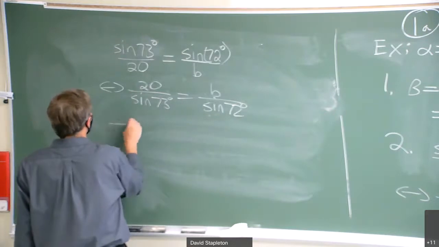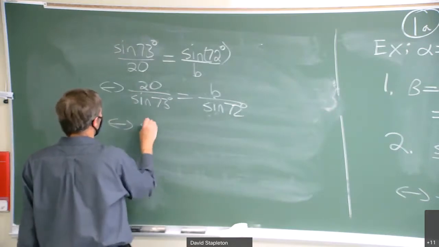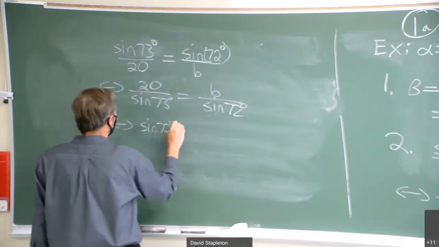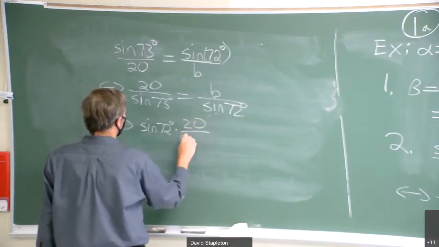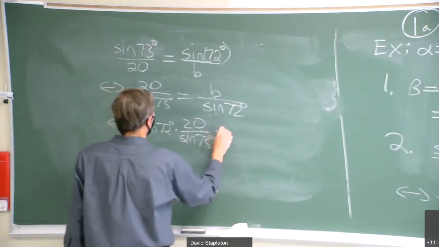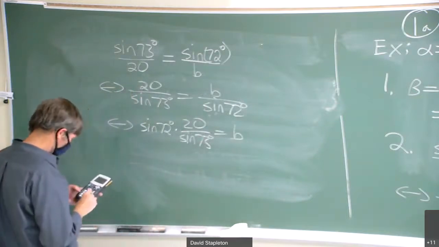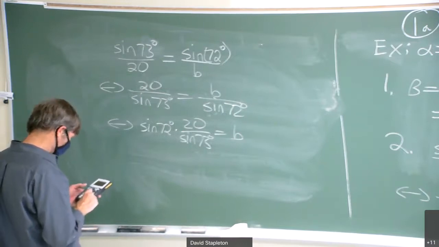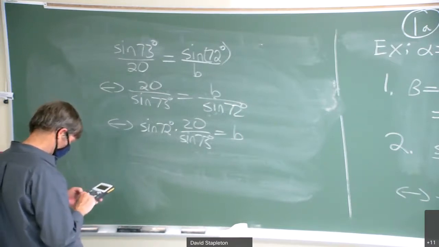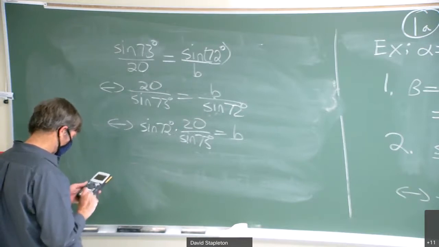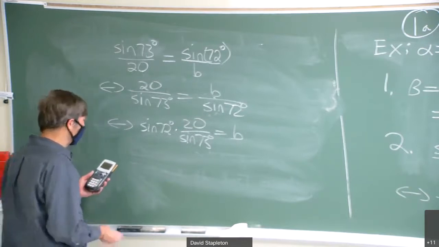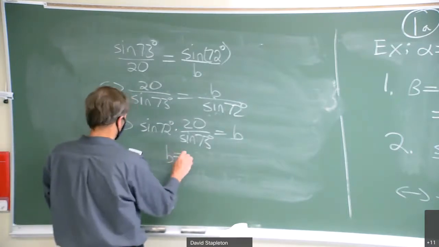So now I multiply through on both sides by sine 72, and I have sine 72 times 20 over sine 73 equals B, and I can run that on the calculator. Let's see, sine 72 closed times 20 over sine 73 closed. Enter, and I get 19.89. Sure enough, it's close to 20.